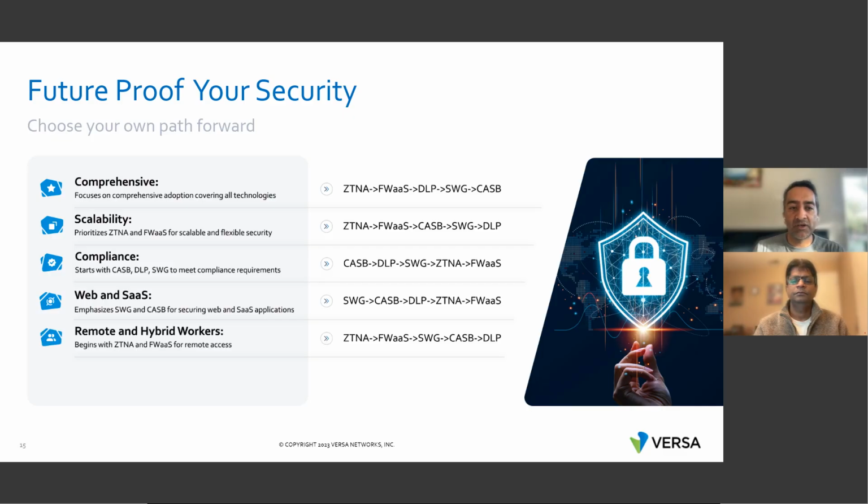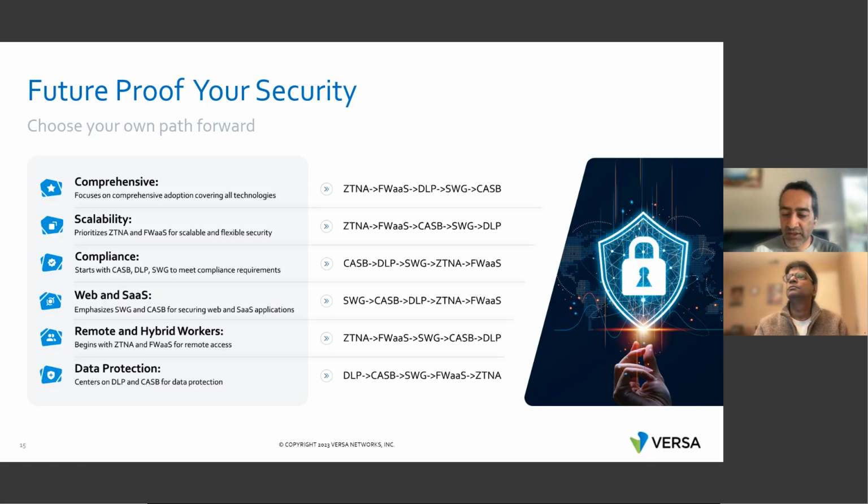Or you may want to control access with respect to the URLs, websites and applications people are accessing, so Swift might be the one you want to do first, URL filtering. With the Versa portfolio or Versa SASE platform, you can start wherever you want and then open up more, or just stick with what you have.